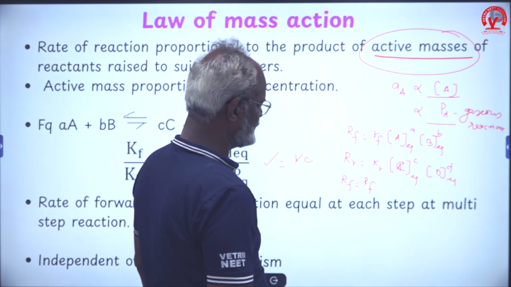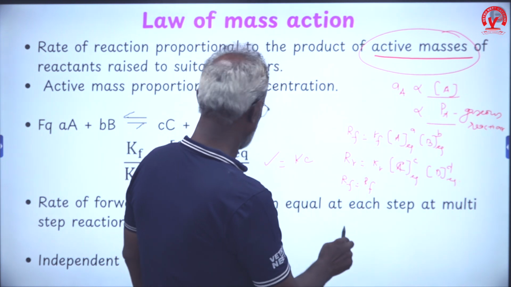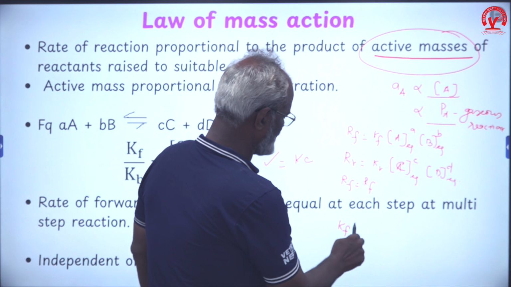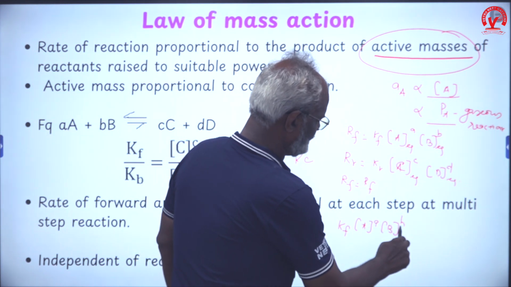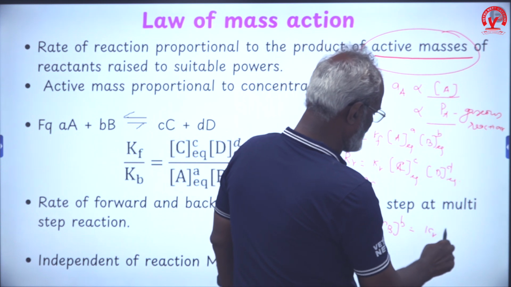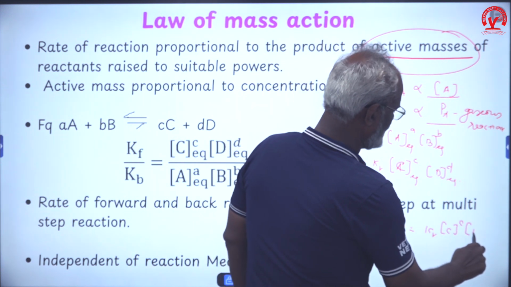If you equate them, we get Kf into A power a, B power b, equal to Kr into C power c, D power d.